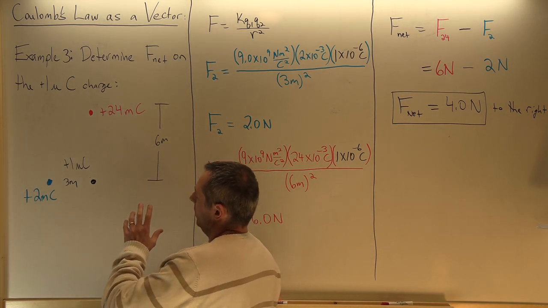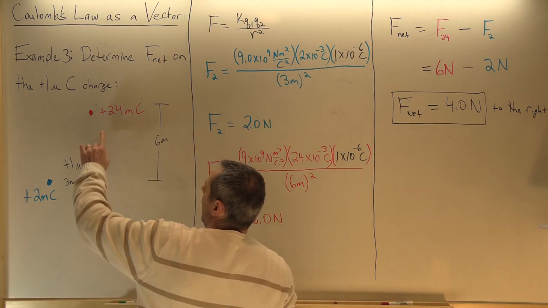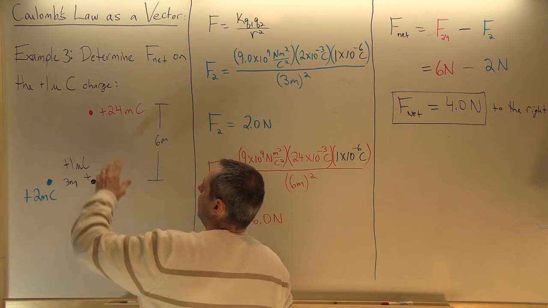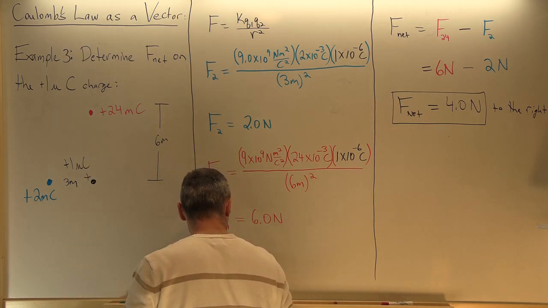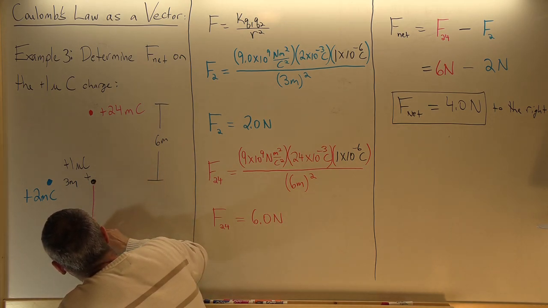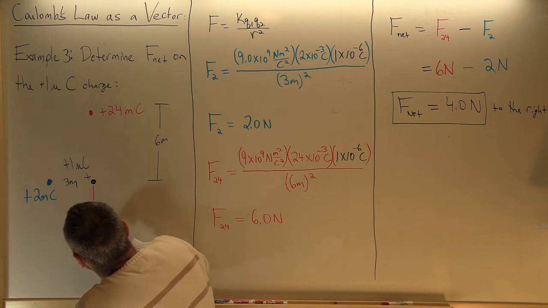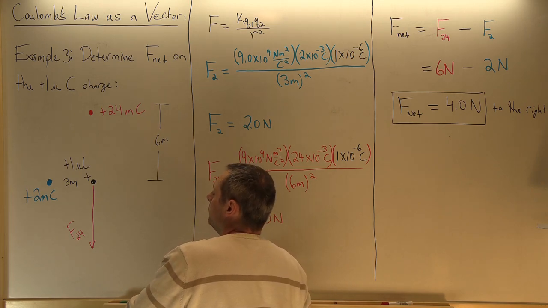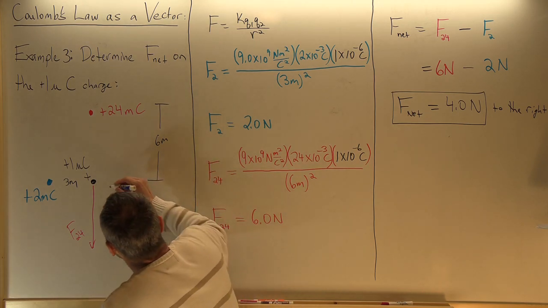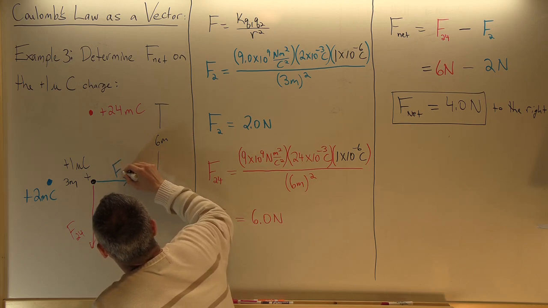So what I need to do is figure out the attract, repel, the directions of the forces. This is positive and this is positive here still, right? So like charges repel. So what I would have is a downward arrow like this. That's coming from that charge here. So this is F24. And then, like charges repel, so this is going to be F from the 2.